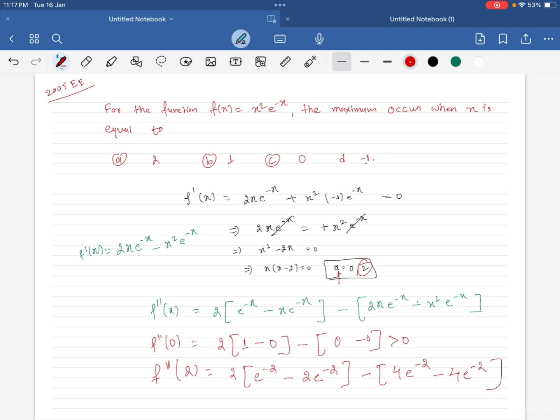So that will get cancelled, right, this one, and here we will have minus, so that is going to be less than 0. So what we have been asked, that the maxima occurs at x equals 2. So the correct answer for this is A.